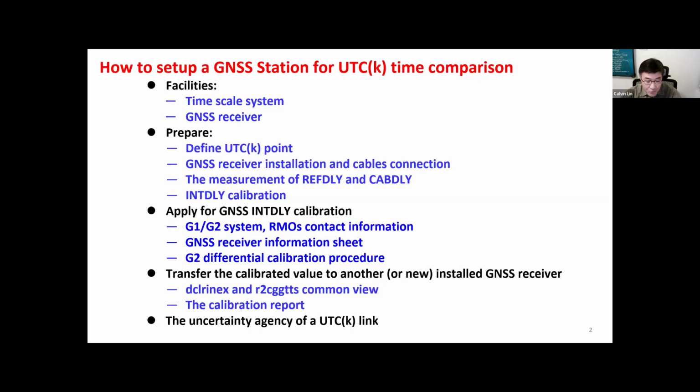After that, Giulio of the BIPM will take over the next topic, including the calibration service provided by CCTF, BIPM Group 1, Group 2 system, and how to apply for GNSS calibration, the contact information of each regional metrology organization, and what things you should do during the calibration trip. Once you have a new receiver, you can transfer internal delay from a calibrated receiver.